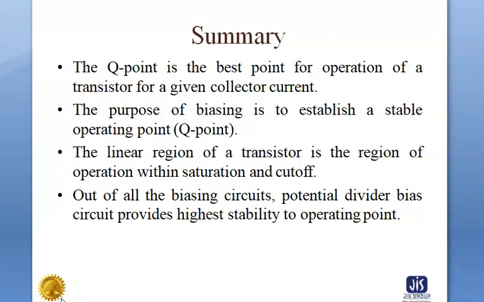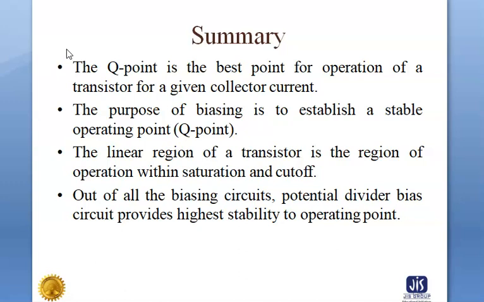Now, if we summarize the points which I've discussed in the last two lectures, then we can say the Q point is the best point for operation of a transistor for a given collector current. The purpose of biasing is to establish a stable operating point.